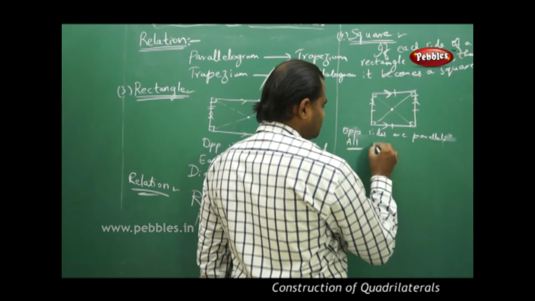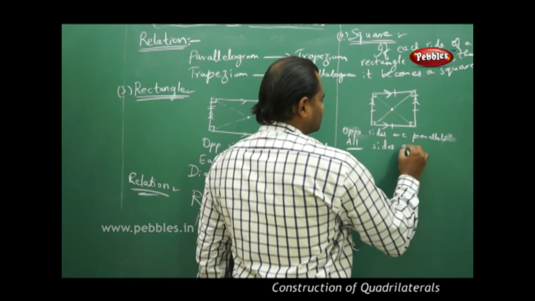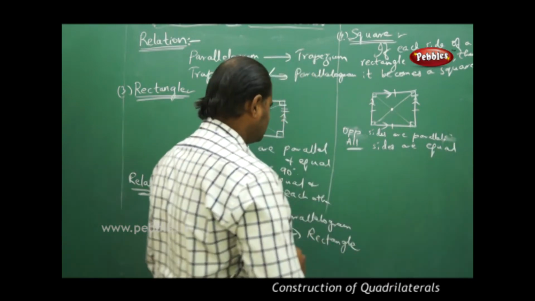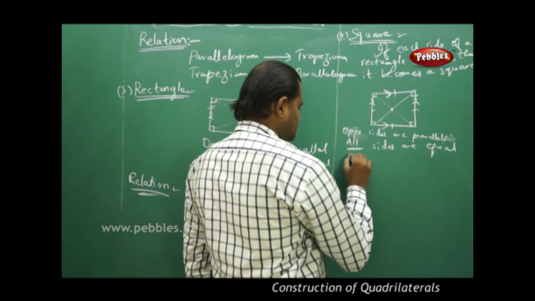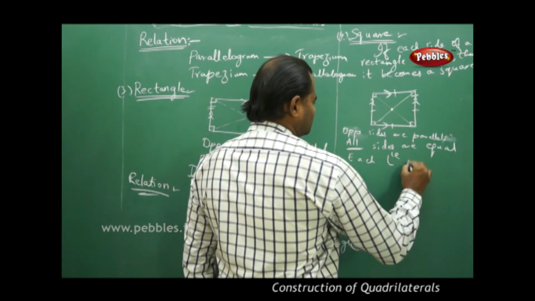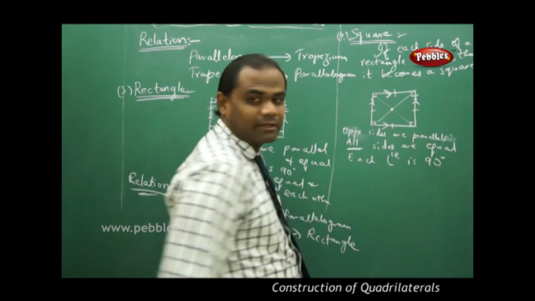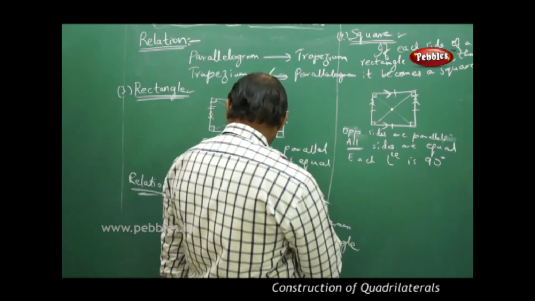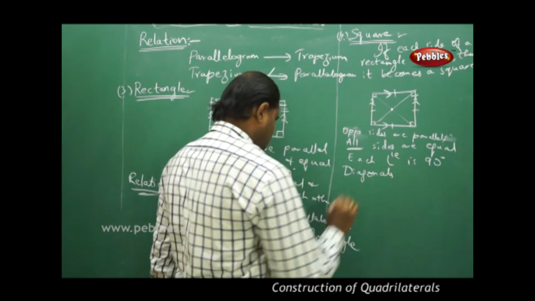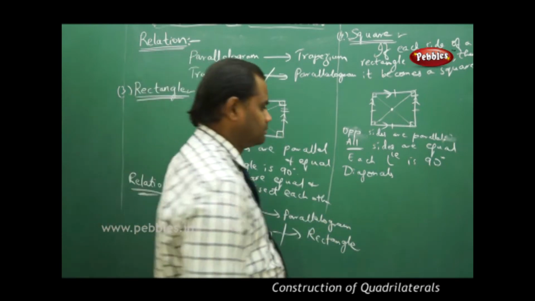The word all is very important in the case of a square, where all sides are equal. Each angle is 90 degrees, and diagonals are equal and bisect each other.